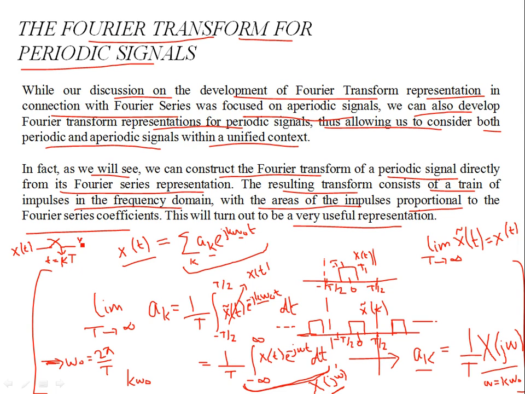What it outputs is x(kT), which is a discrete time sequence. So this whole process, from continuous time to discrete time sequence, can be modeled by a pulse train. It's like multiplying your signal with delta(t minus kT).